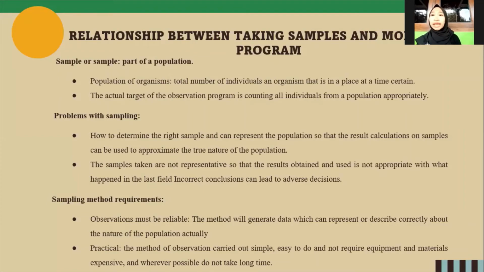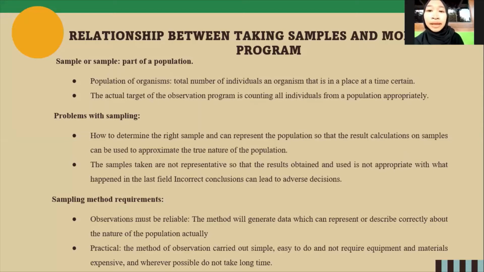Relationship between taking sample and monitoring program. Sample is part of population. A population of organisms is the total number of individuals and organisms that is in a place at a time currently. The actual target of the observation program is counting all individuals from a population appropriately.